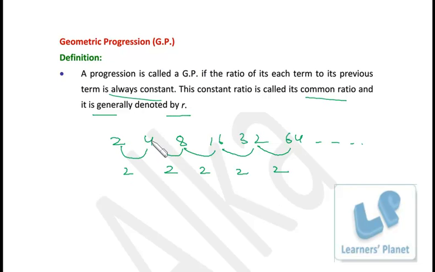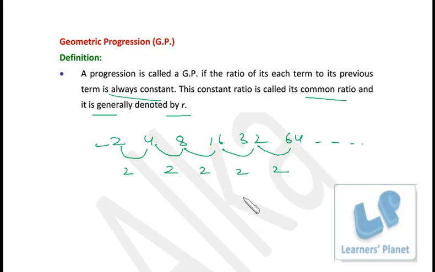The common ratio of the entire sequence is the same, that means the next term divided by the previous term is the same. So this is a GP, that is geometric progression, and the common ratio over here is 2.